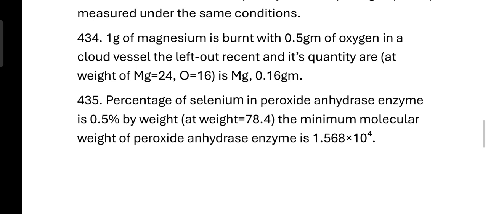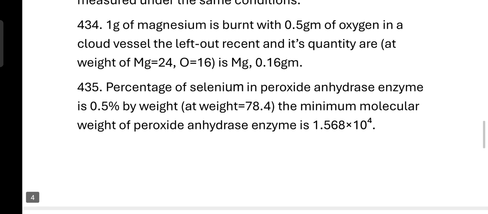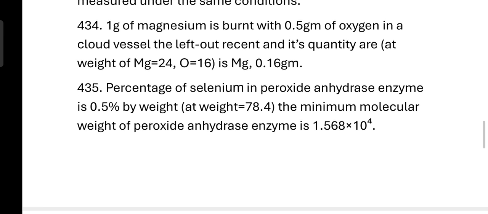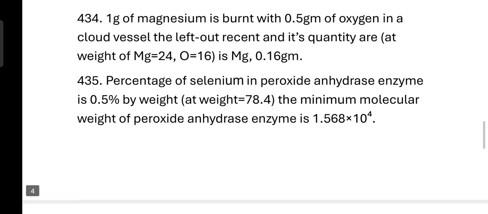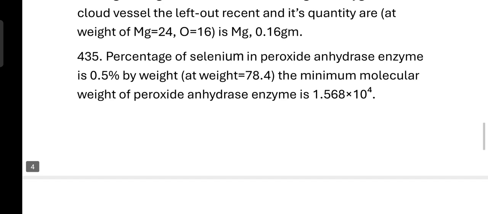1 gram of magnesium is burnt with 0.5 grams of oxygen in a closed vessel. The amount of Mg left unreacted, with atomic weight Mg = 24 and O = 16, is 0.16 gram.